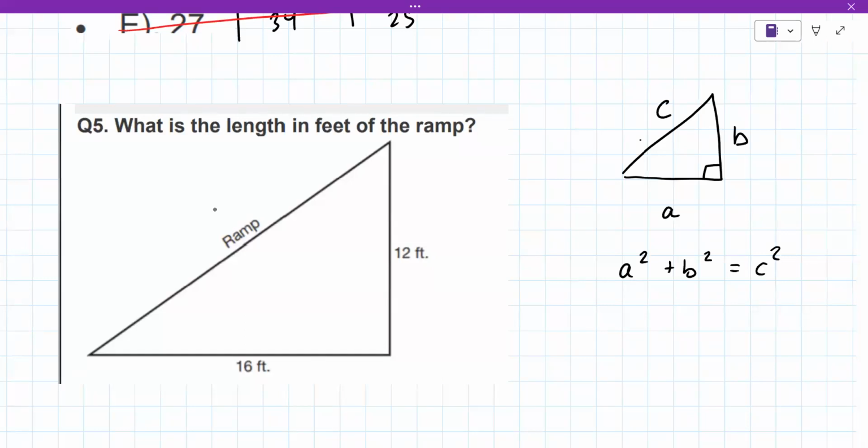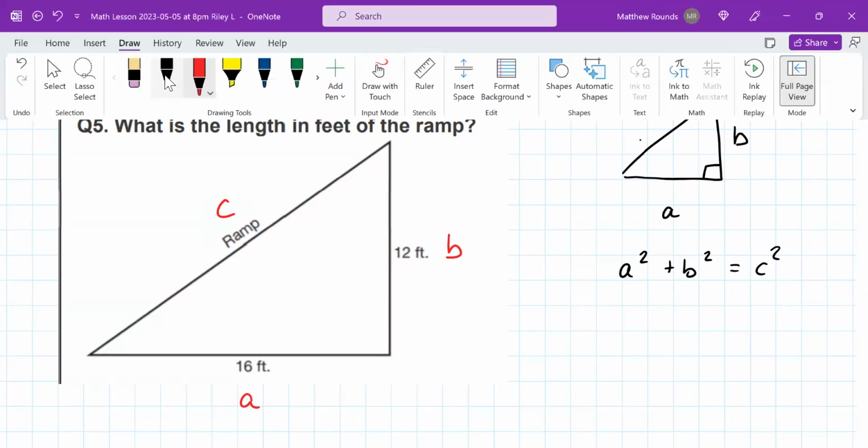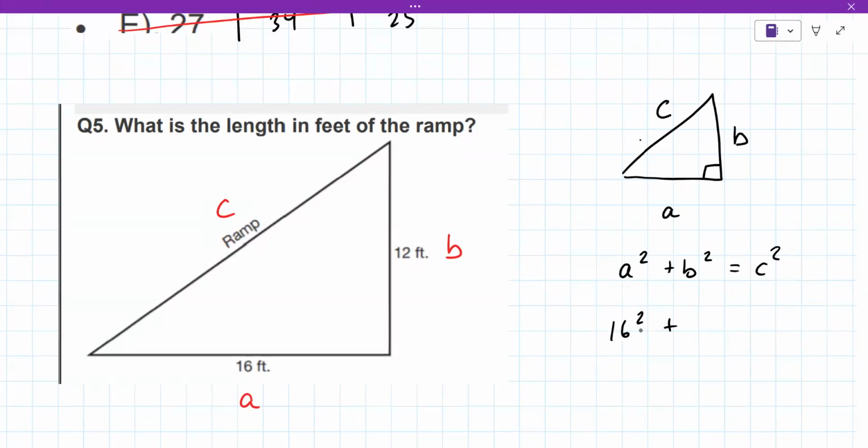Okay, so we're just going to relabel this where this is A, this is B, and this is C. And we know that A is 16, we're going to square it. B is 12, we're going to square it. C we don't know, but we can square it. Do you have that calculator handy to tell me what 16 squared is? How would I find the square in a calculator?